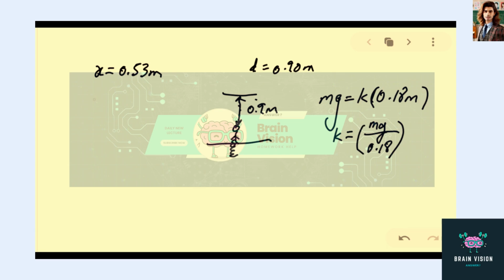So now the kinetic energy you can find by taking the total elastic potential energy minus the gravitational potential energy that is gained during this flight.